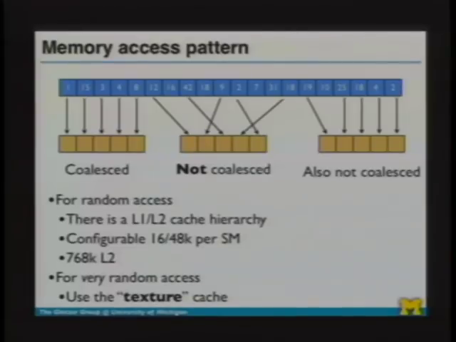So the expectation is that you have a memory access pattern like this. All these threads in a row are accessing memory elements in a row, so that that entire cache line is consumed. If you have a memory access pattern like this, which for the sake of my example here, let's assume that each one of these accesses is hitting a different cache line, then the memory architecture is going to bring in a whole 128-byte cache line just for this thread, and then it's only going to read one value out of it.